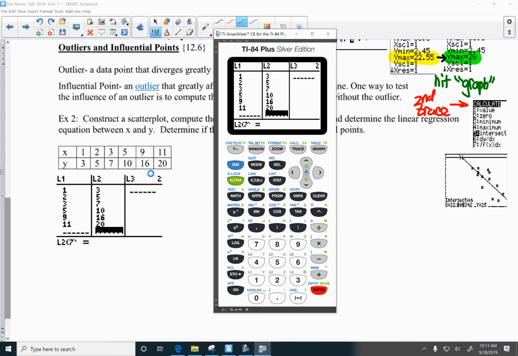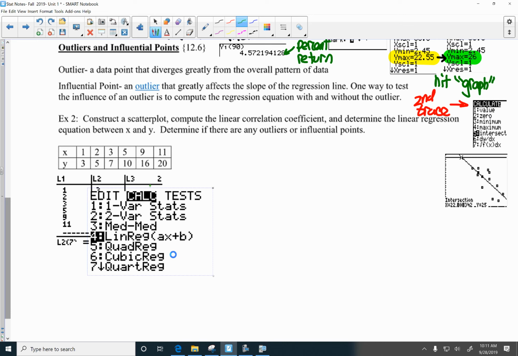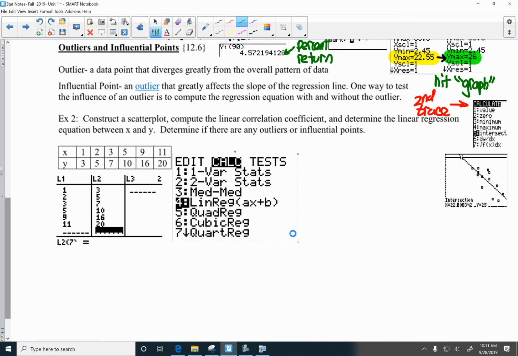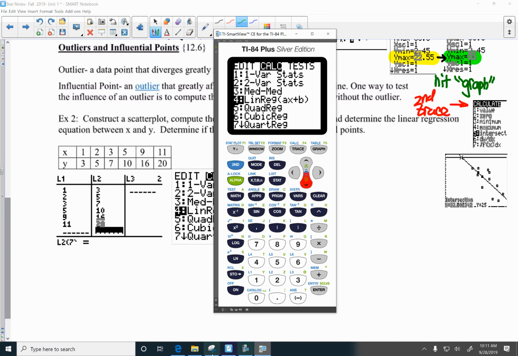All right, so you're gonna hit stat, calc, option 4. You're gonna make sure that your settings are the way you want them, which is L1, L2, and then store regression equation. Again, we want to put that in Y1. It's unfortunate that it'll retain the settings for XList and YList, but not for store regression.